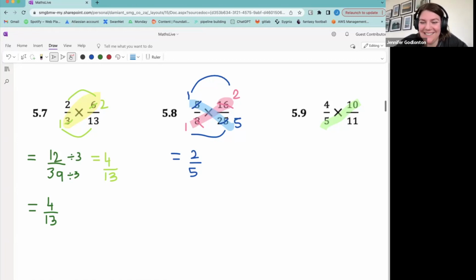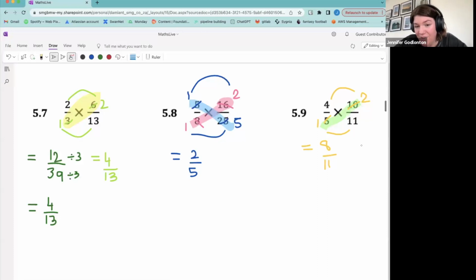Good job, guys. So think about how we could use that. Think about how we could simplify it then. Okay, so 5 can go into itself once, and 5 can go into 10 2 times. So we're going to say 4 times 2, which gives us 8, and 1 times 11, which gives us 11. So we land up with 8 over 11.